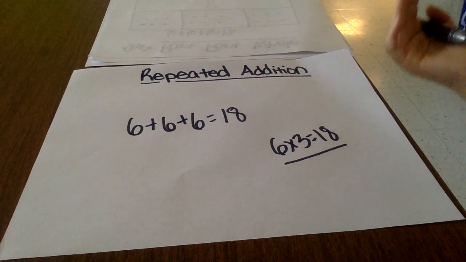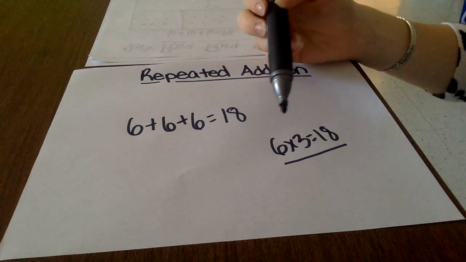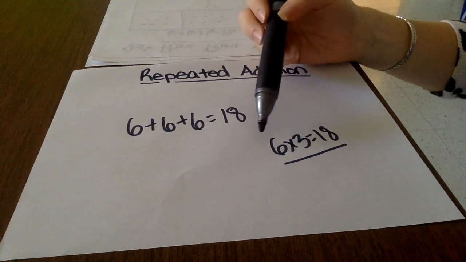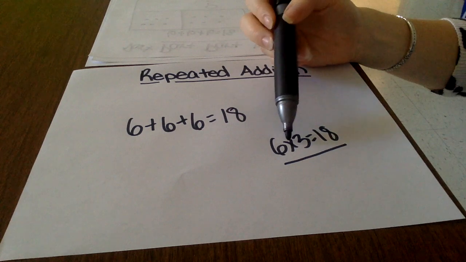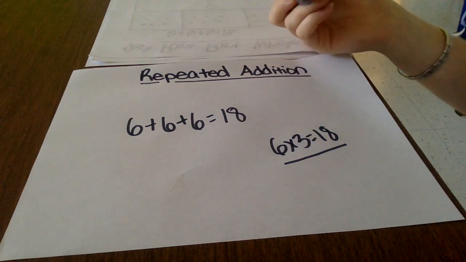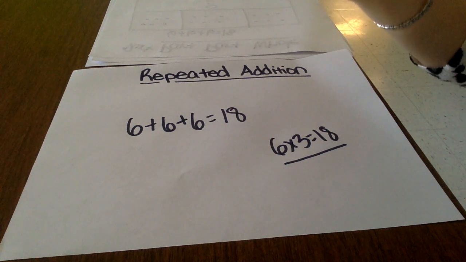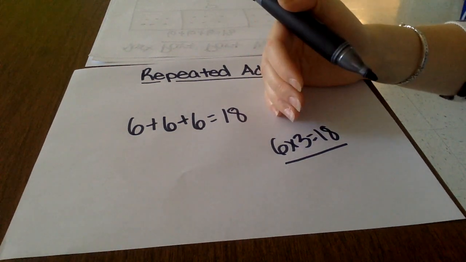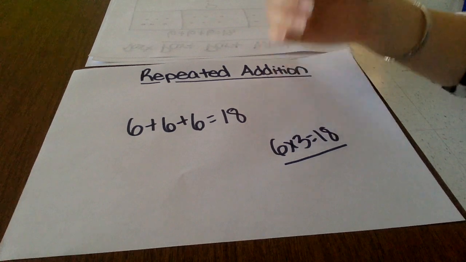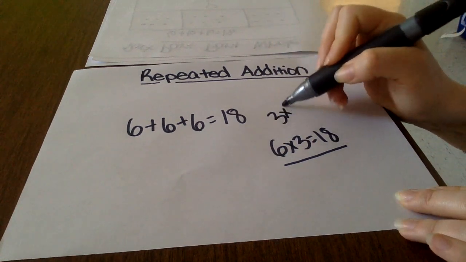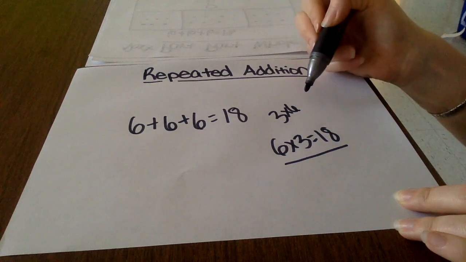Third grade teachers are telling us that kids get to them and they know that 6 times 3 equals 18, but they have no concept of what that means. They don't understand what that times means. They don't understand that it means you have 6 groups with 3 in each group. Or, well, I guess this story should have been 3 times 6 because it was 3 groups with 6 in each group.